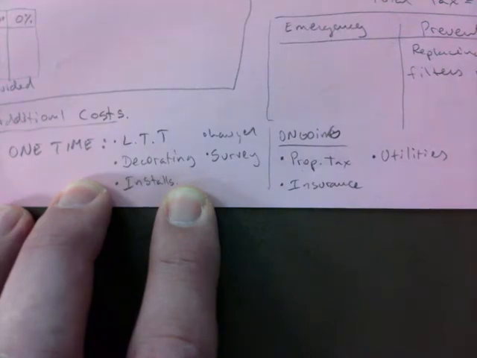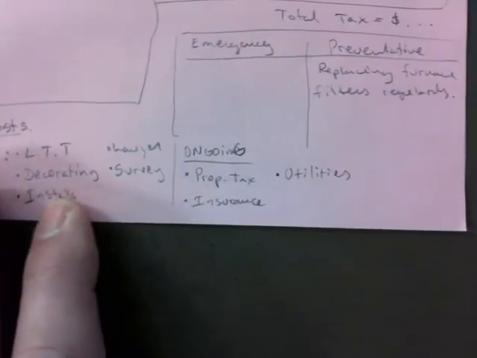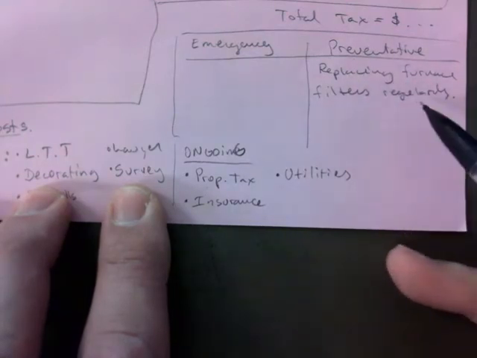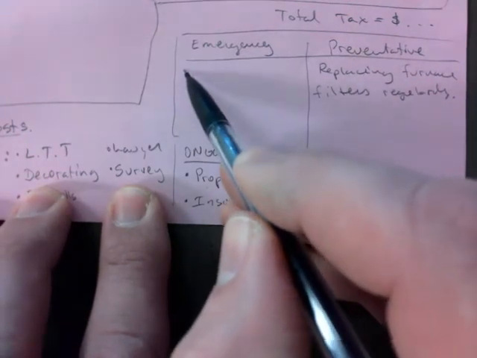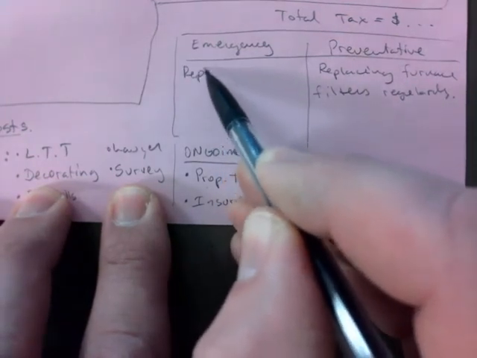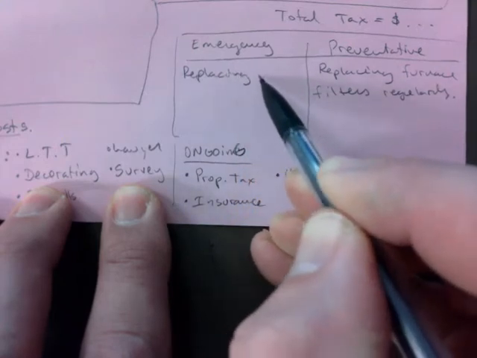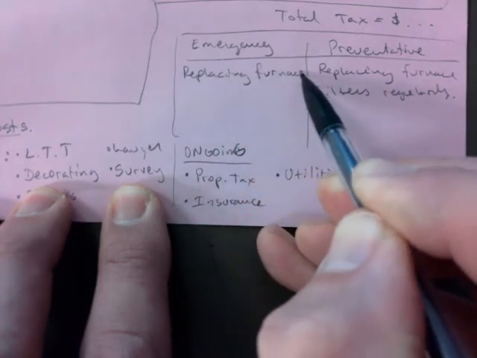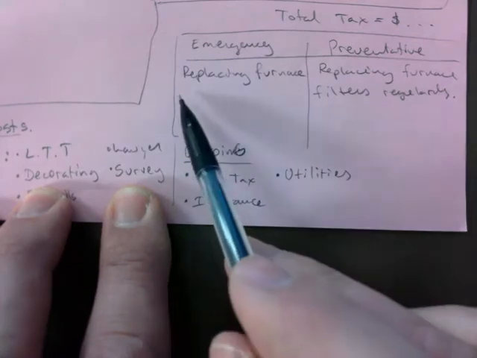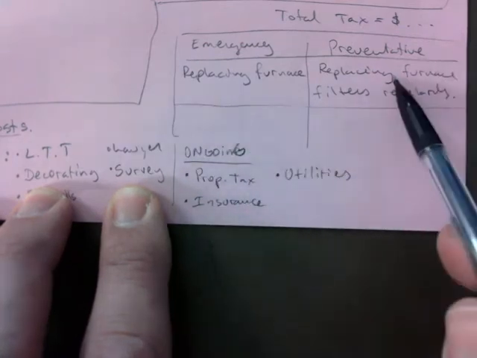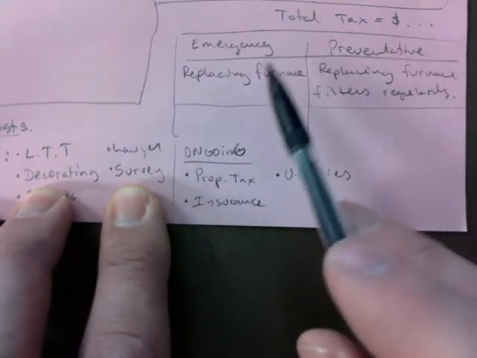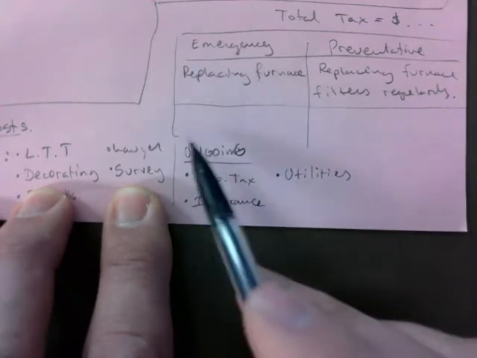Every filter has a certain lifetime, sometimes 3 months. Oh, you can see that, right? So replacing furnace filters, and you would say replacing furnace would be the emergency repair that goes with that. If you weren't on top of this, you'd probably face that, right?